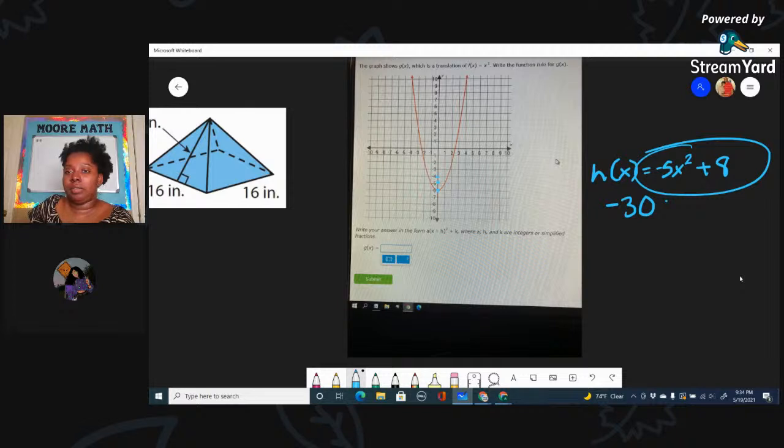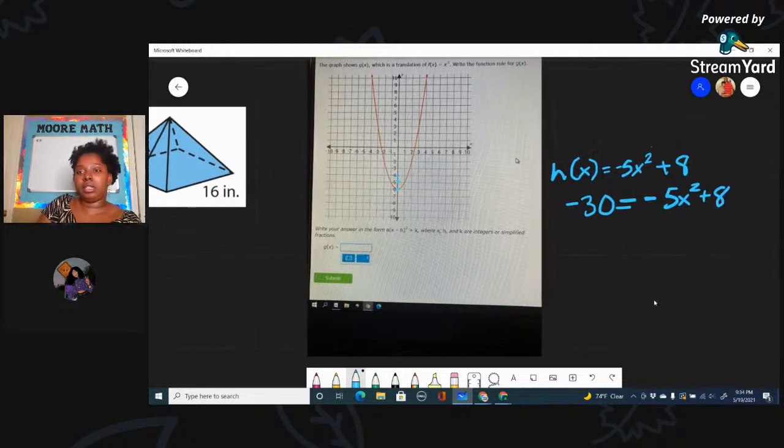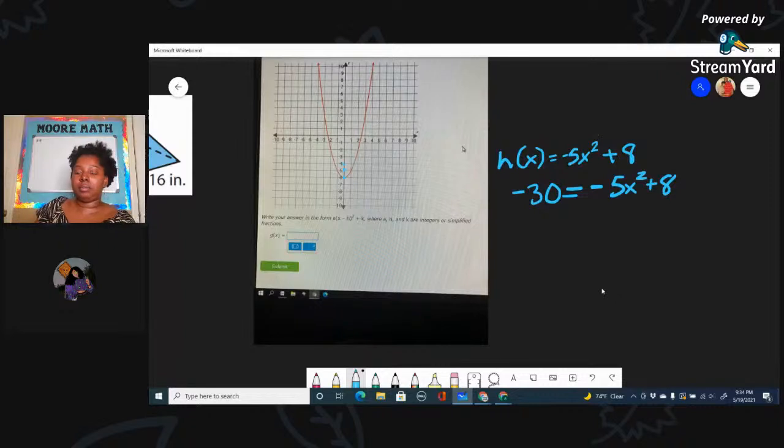Okay, so let's see if that's what they want. So it looks like they just want you to solve it. So tell me this. How would you solve this? So it'd be negative 10 plus 8, right?